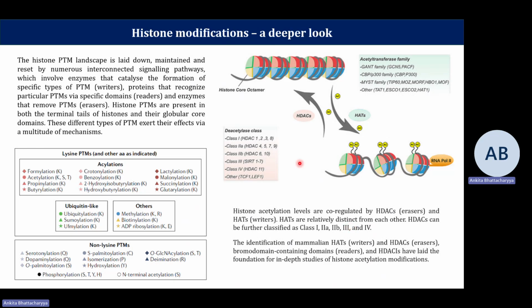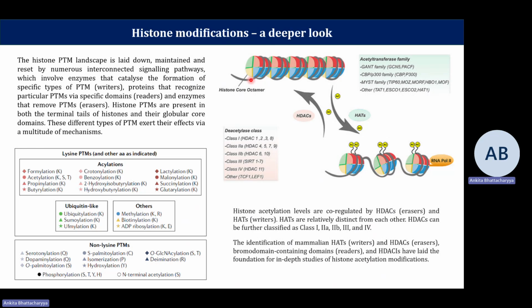For example, if you look at this sort of organization, think of it like a subsection of a chromatin fiber, which is very tightly packaged. As you can see here, different histone octamers are located very close to each other, forming this continuous chromatin fiber, which has the octamer at the center, and it is bound by the DNA towards the outer ends.